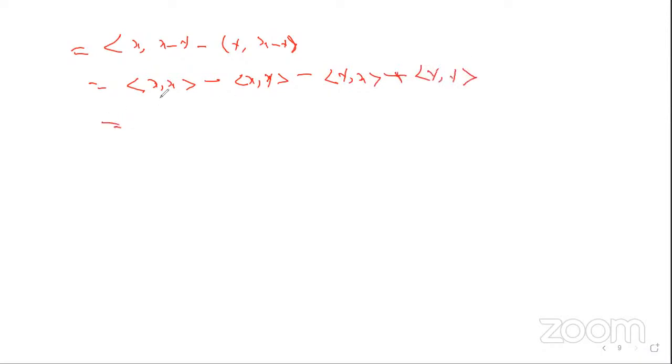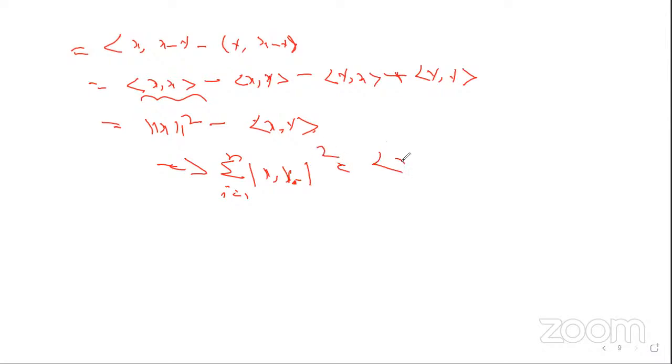That is nothing but the inner product of x comma x, which is norm x whole square, minus the inner product of x comma y. So that implies the sum from i equal to 1 to n of the modulus of the inner product of x comma xi, whole square, which is the inner product of x comma y, is less than or equal to norm of x square. Hence proved.